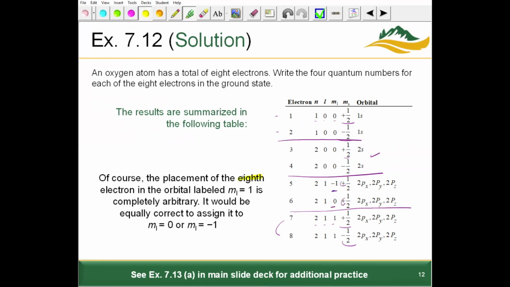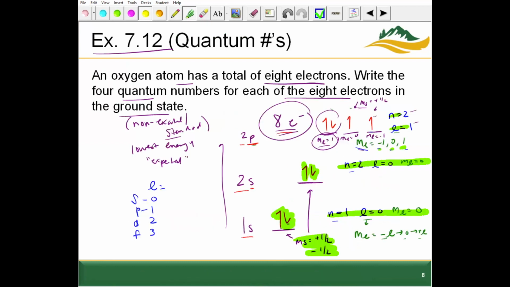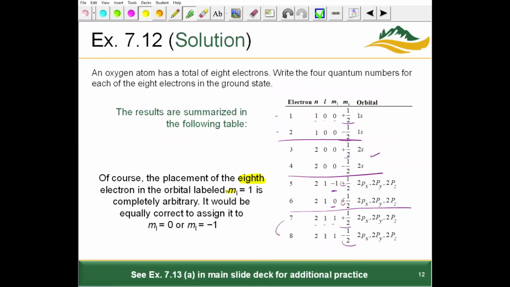So the placement of the 8th electron, like we were just talking about, could have gone in the m sub L equals 0 or the m sub L equals -1. It was arbitrary. So we labeled m sub L equal 1 here as having spin up and spin down. It would have also been totally fine to assign that other electron to the -1 m sub L or the 0 m sub L. So either way to list that is totally correct.